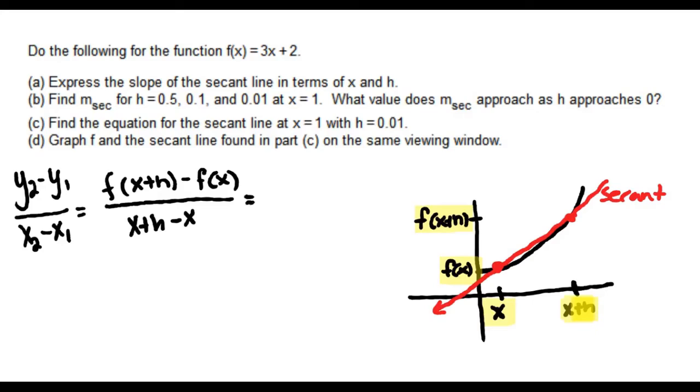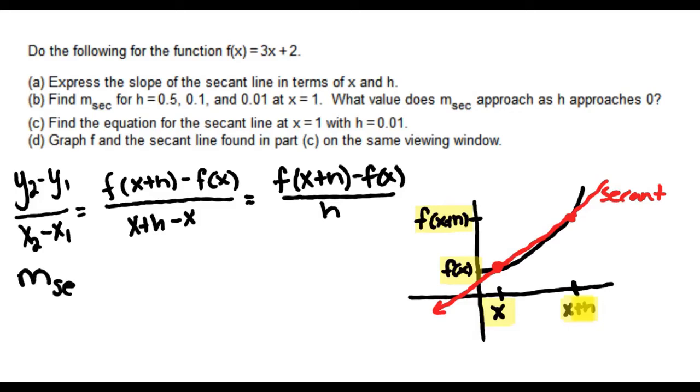And we can simplify that denominator. I'm copying down the numerator. And the denominator, the x's would cancel, leaving me with h. So this gives us a formula for calculating the slope of the secant line.